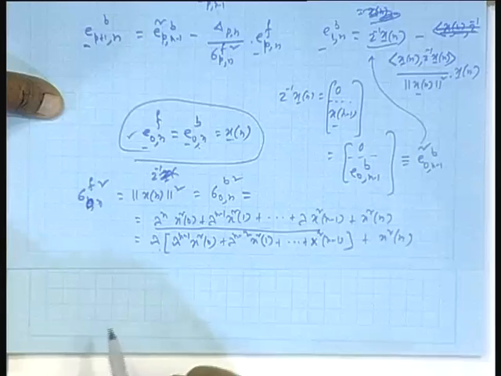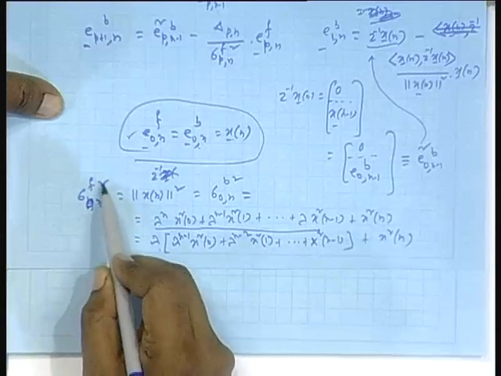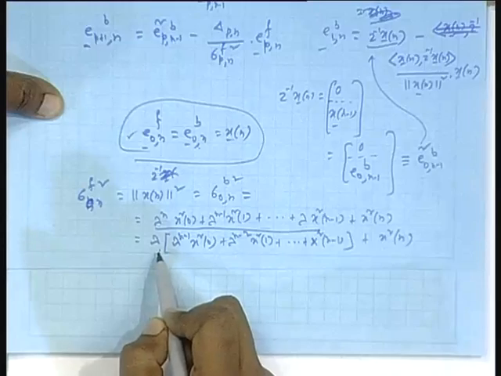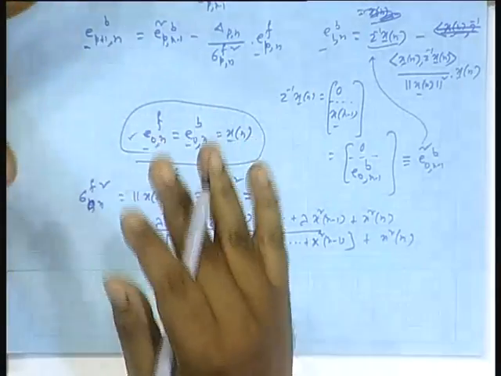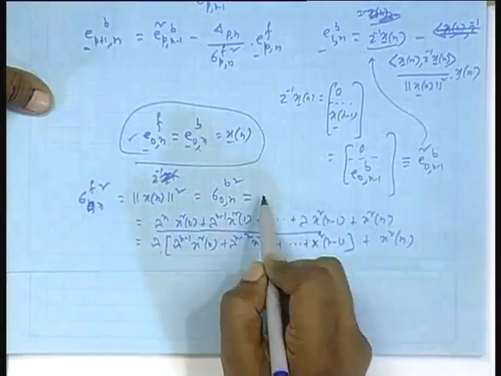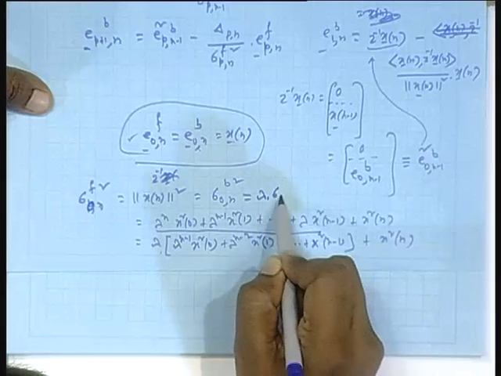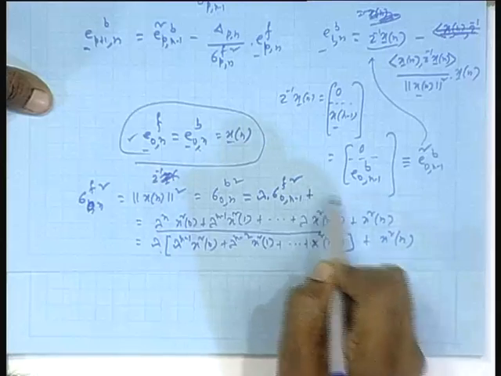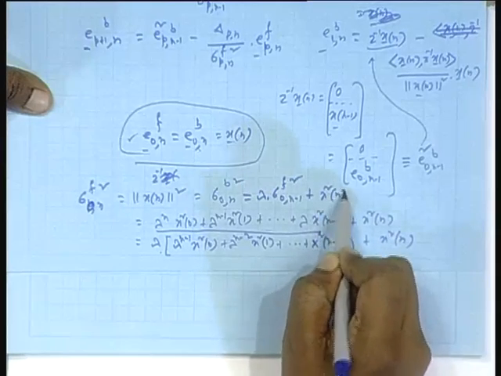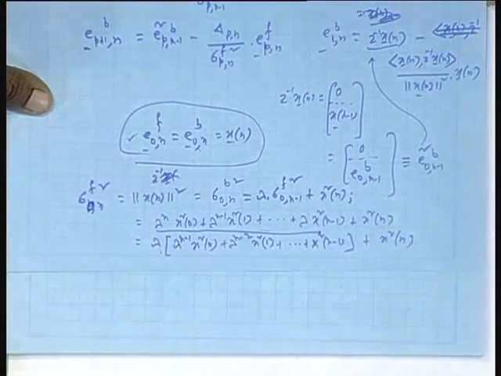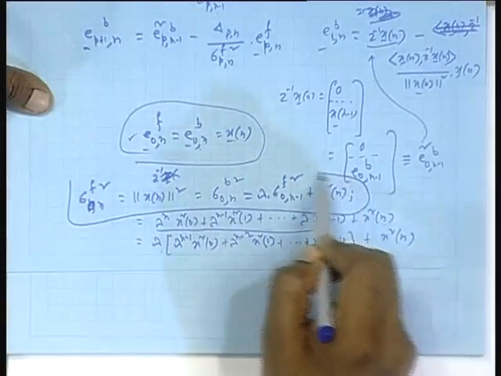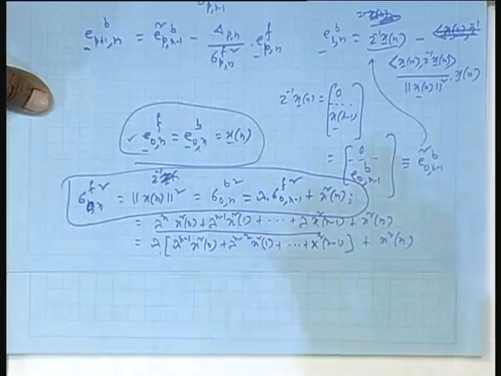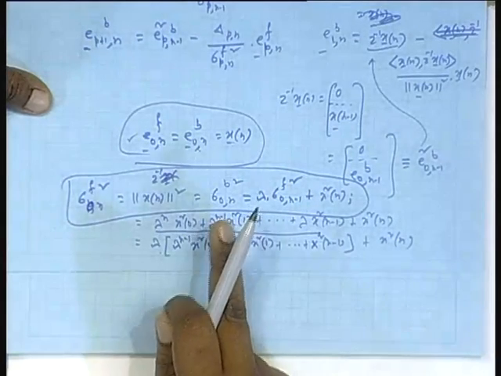This is equal to the same norm square at index n minus 1 multiplied by lambda. Lambda weight brings down the contribution of that previous norm. Lambda times that, plus the new term. This is the relation.